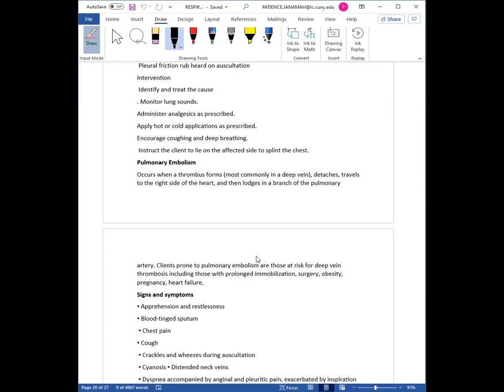Start thinking of chest pain. But when you see that all these symptoms have a respiratory background, don't look for answers that talk of cardiac management. Look for answers that talk of relieving breathing, or making it easy for the patient to breathe.